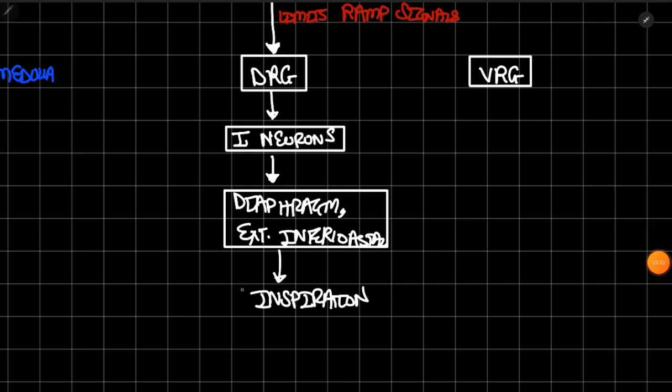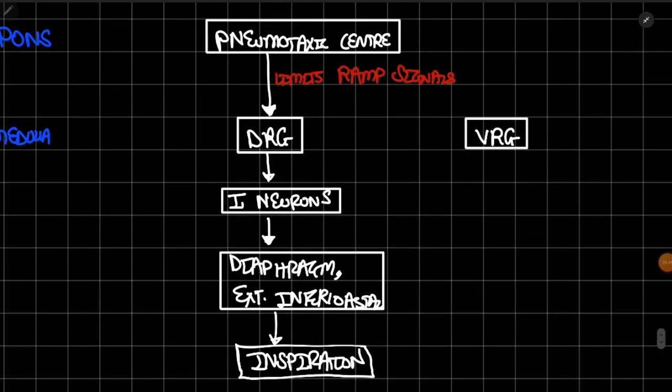Now coming to the function of the ventral respiratory group. We said that the ventral respiratory group is basically inactive during normal respiration. It is involved in expiration, a forced expiration kind of thing.